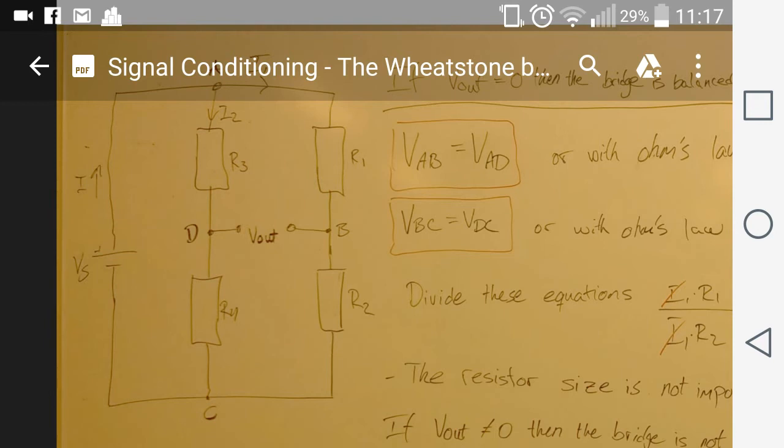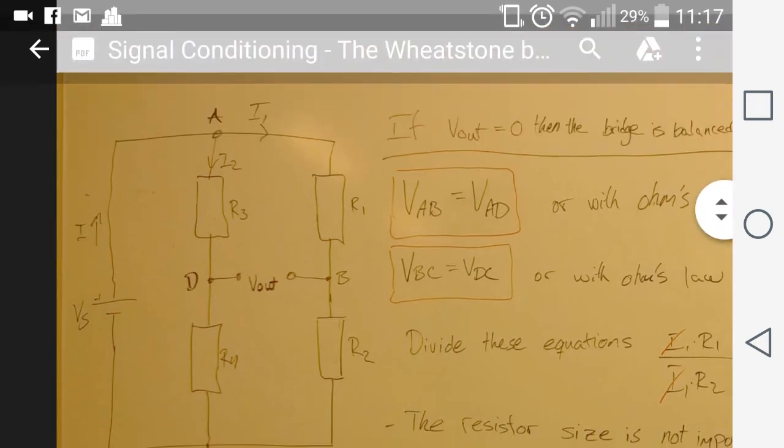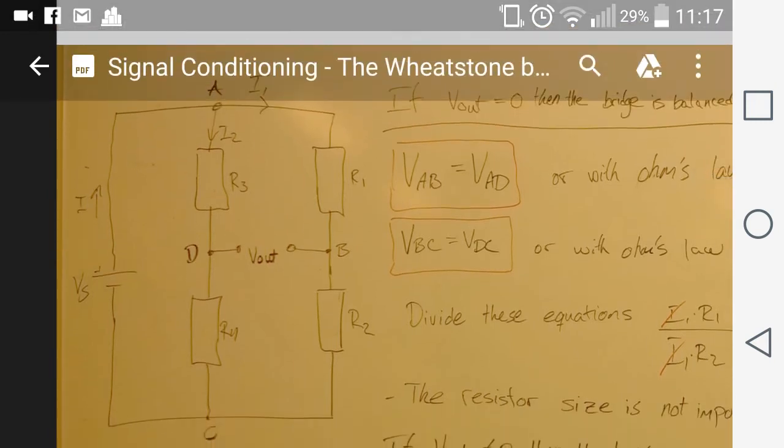If we look from the source voltage, there flows the current I, which is the total current, and it comes up to the node A, where it is divided, and it goes in two directions. One is I1, where it goes through resistors R1 and R2, and the other is I2 that goes through R3 and R4.